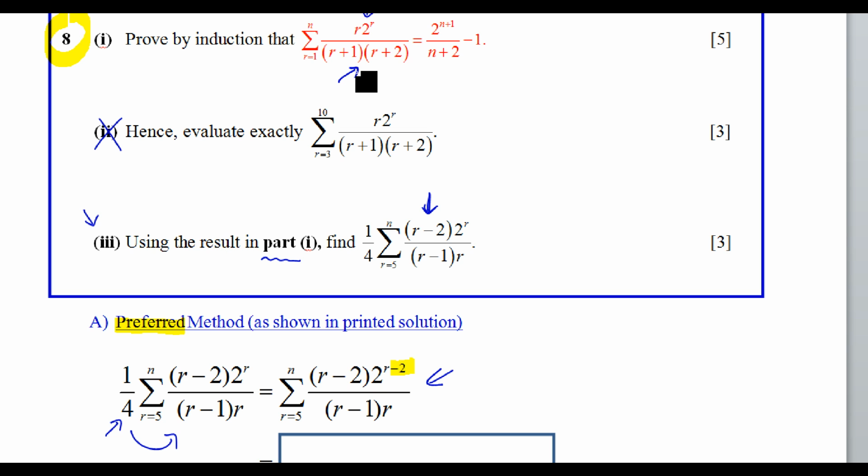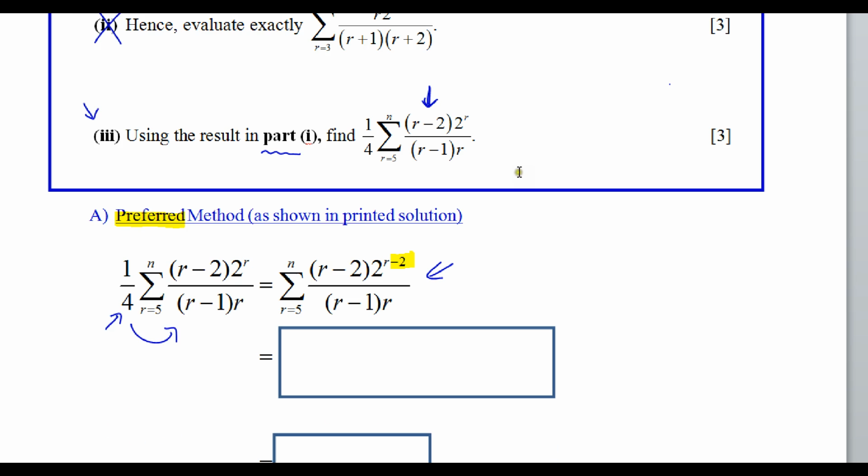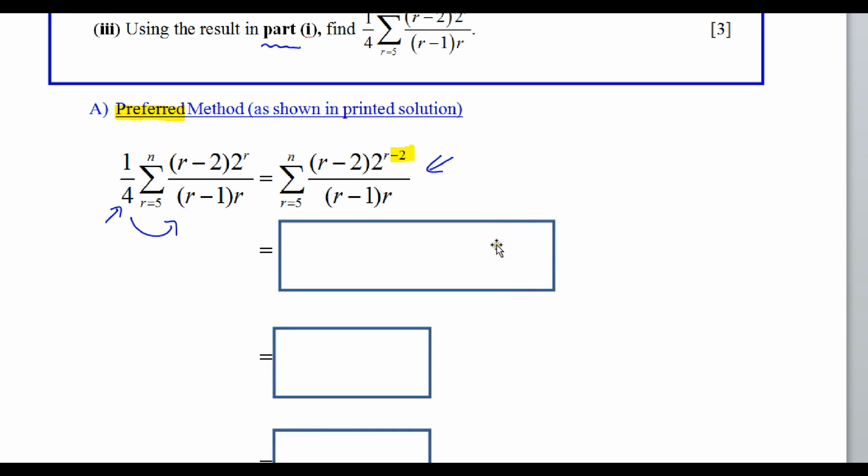So if you take a look, there is r minus 2 here, and then you have r here, and r minus 2 here, and r here. So intuitively you know they are linked, but what we suggest you all do is to write out term by term. What do I mean?